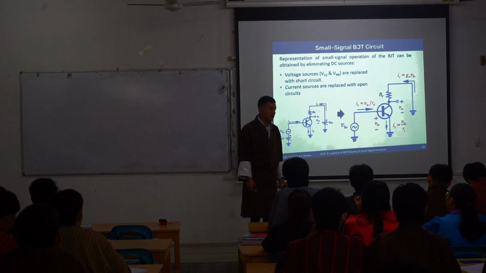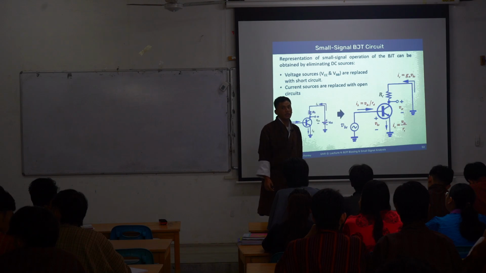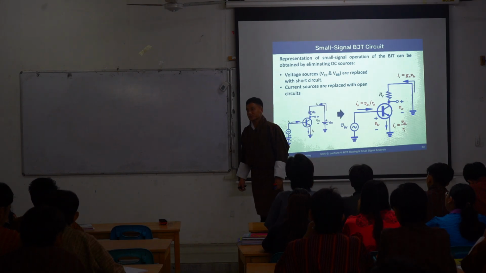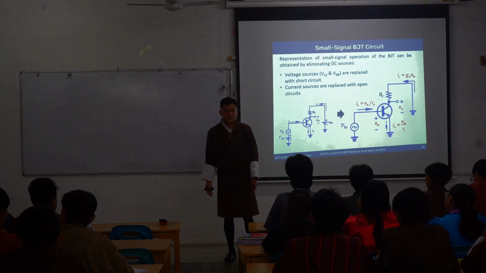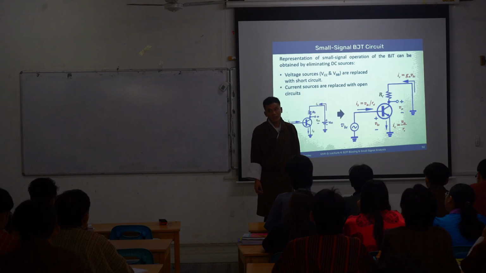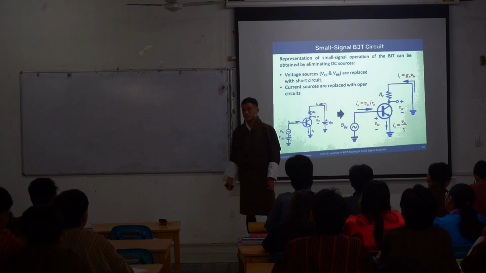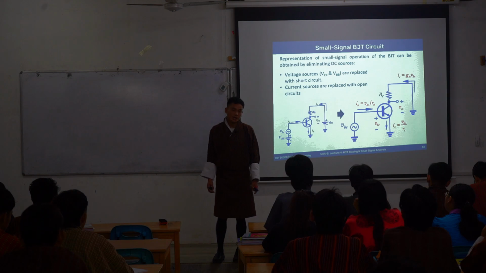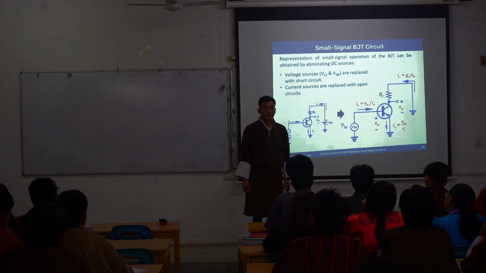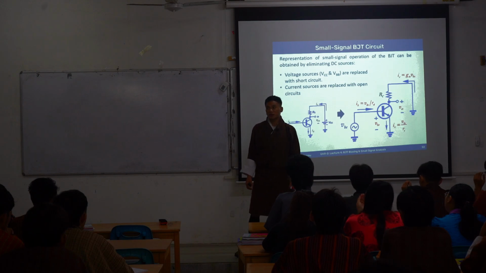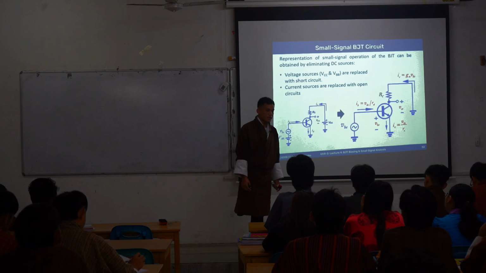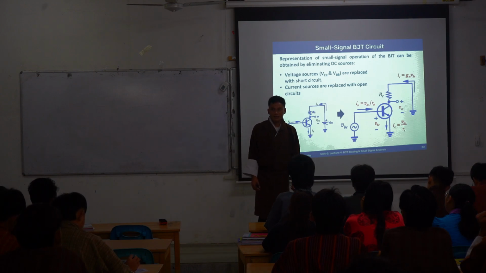Again, there are two important resistances offered at each individual terminal: the resistance offered at the base and the resistance offered at the emitter side. The resistance offered at the base is represented by r pi, which is governed by VBE divided by ib, r pi.